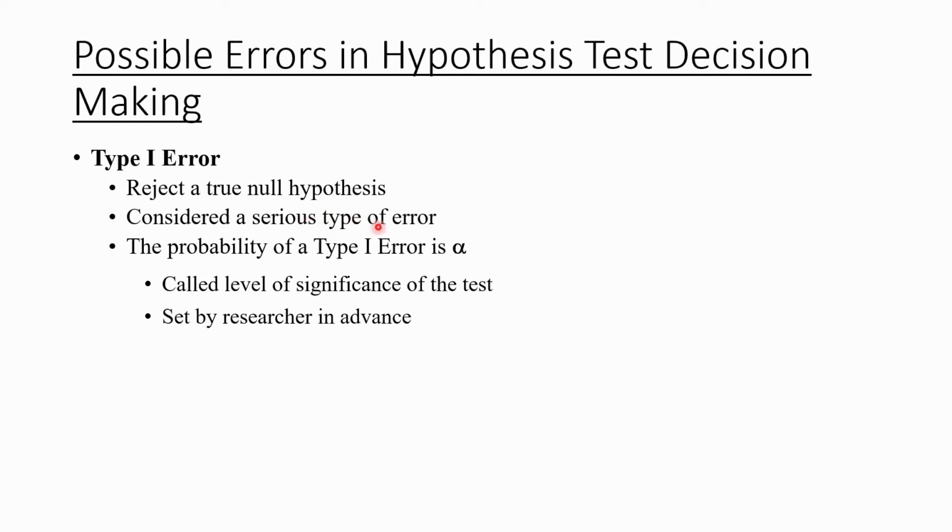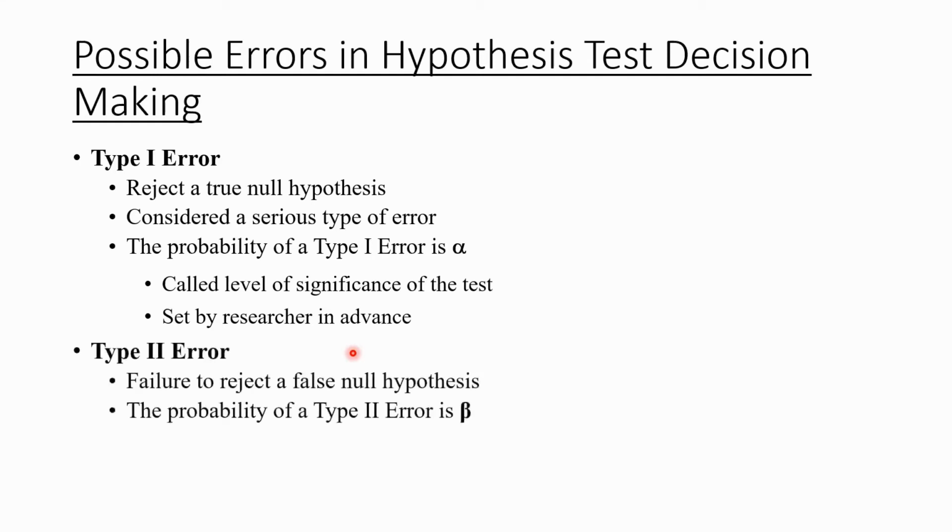The probability of a type 1 error is alpha, and you call this the level of significance of the test, and that is set by the researcher in advance. Your type 2 error is when you fail to reject a false H naught, or a null hypothesis, and the probability of a type 2 error is beta.